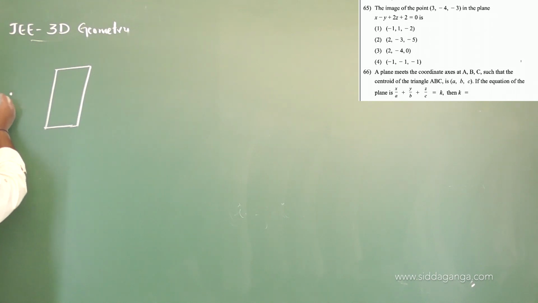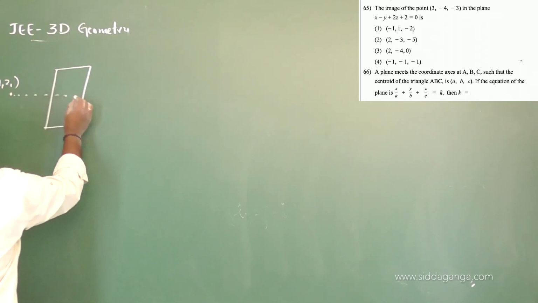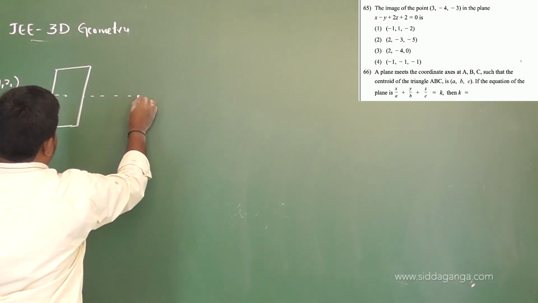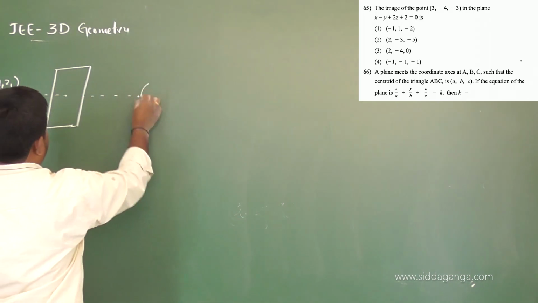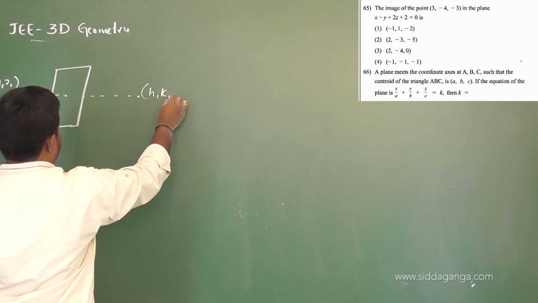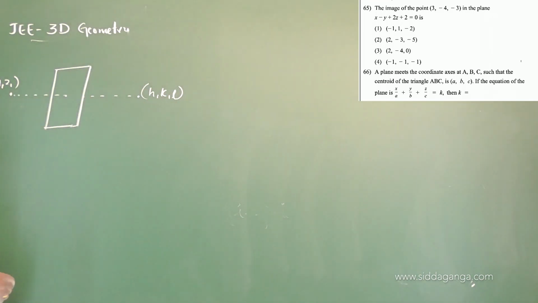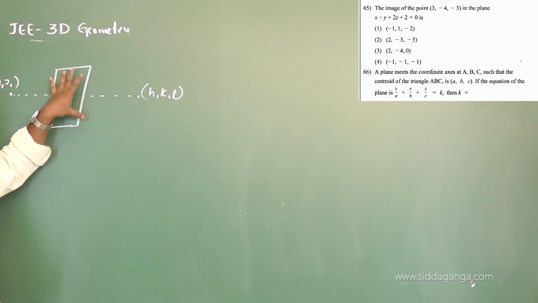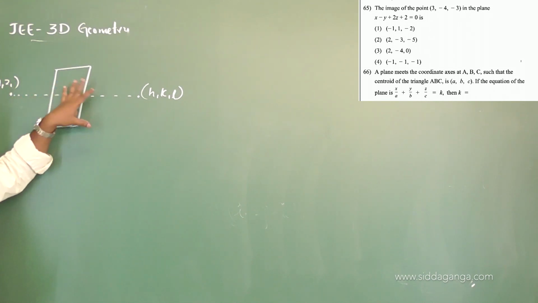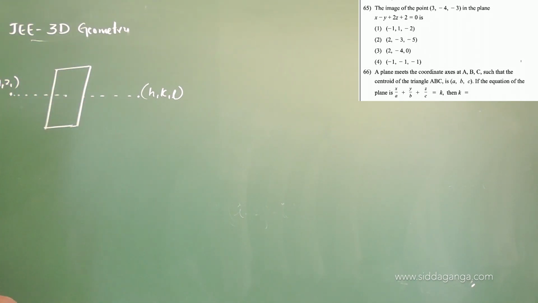This is your point x1, y1, z1. An image of this can be seen here, right, through this plane. I am going to take this image as h comma k comma l. So, this is a point and this is the image of this point on this plane. So, there is a result.